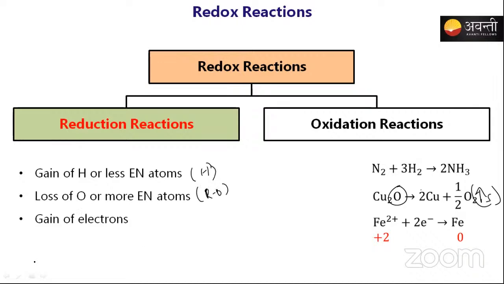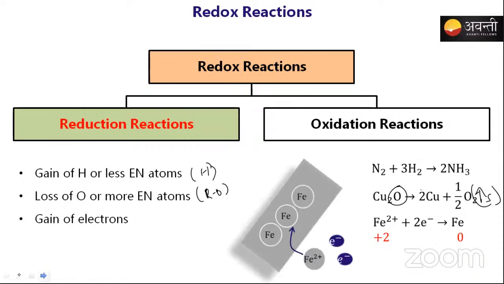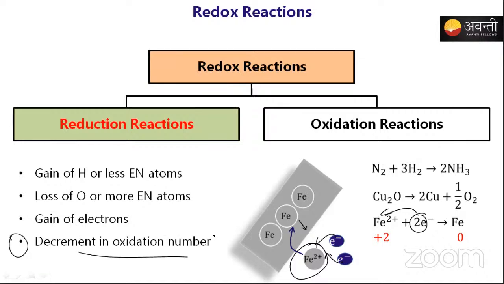The third one we can say is gain of electrons. The fourth one is a decrease in the oxidation state. If you see here, this ferric ion is going to consume two electrons and become ferrous. It will take these two electrons, it will gain the two electrons to become iron. Next, there is a decrement in the oxidation number.